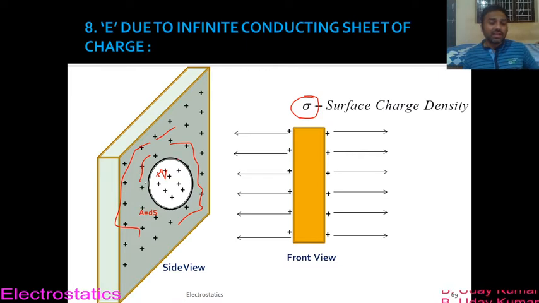So this is the area that I am choosing, and if I assume that the charge present on this area is plus Q, and its area is either A or ds, whatever notation you want, you can take it.